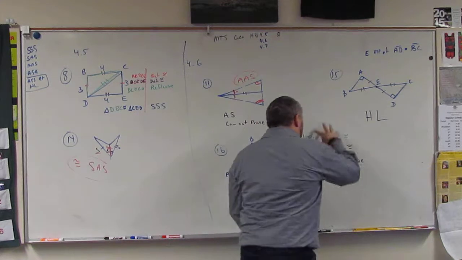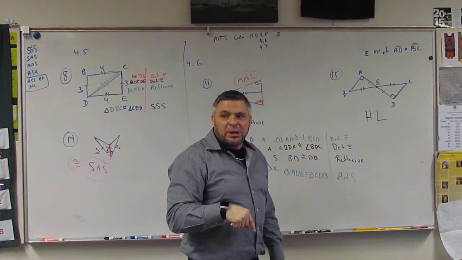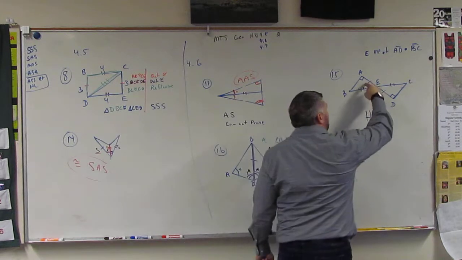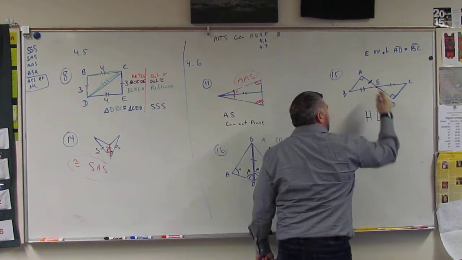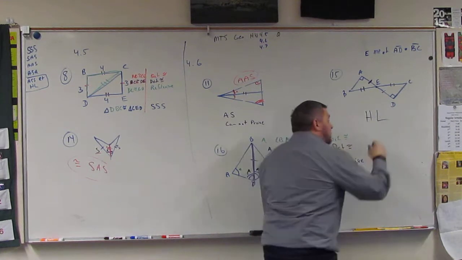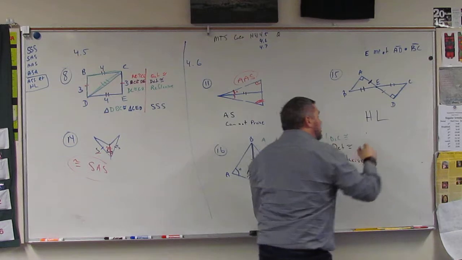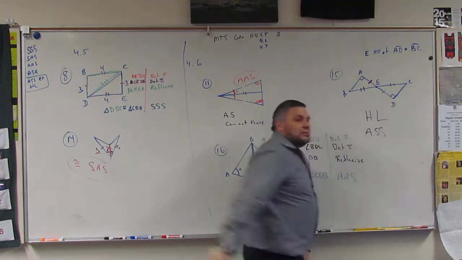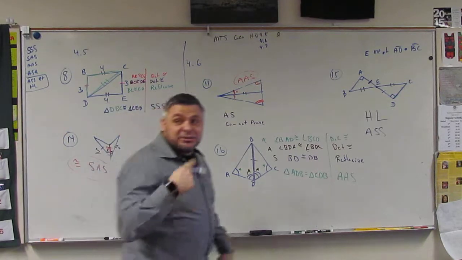You can go through the same method, but I know we're running out of time. But it's HL, because you have a leg and you have a hypotenuse. You could also say, if you prove that there's a right angle, angle side side, because it's right.